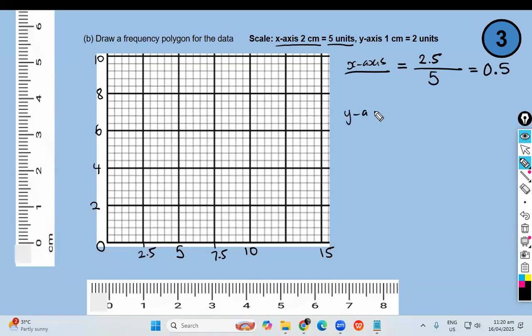On the y-axis, okay, let's calculate the value of each small block. So every big block is 2. And how many small blocks? 1, 2, 3, 4, 5. That means every small block on the y-axis is 0.4. 0.4, 0.8, 1.2, 1.6, 2.